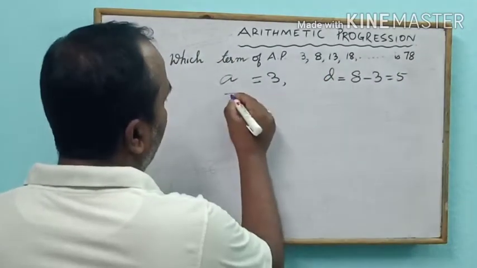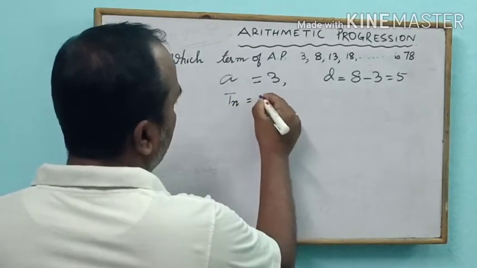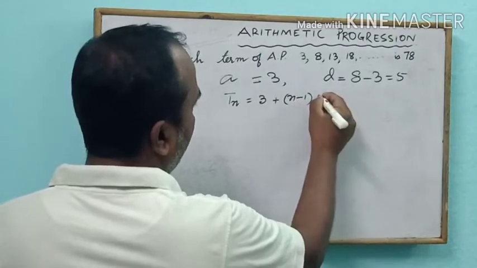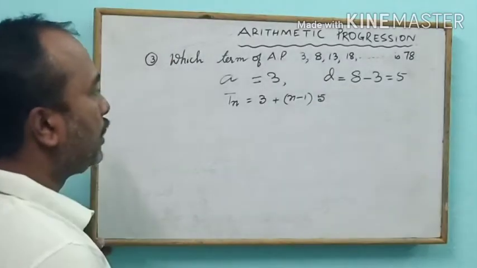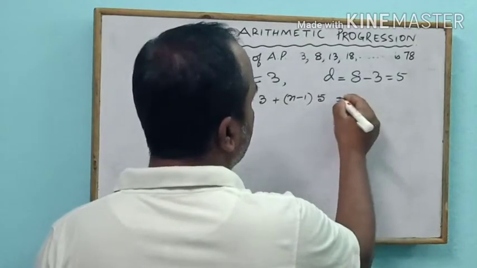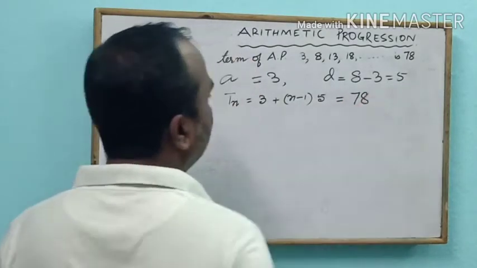So nth term will be what? 3 plus n minus 1 into 5. And we don't know which term will give 78, so let this be equal to 78.